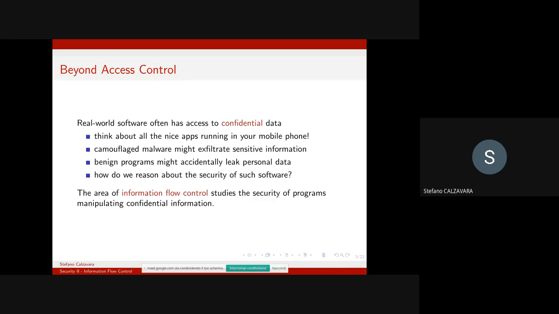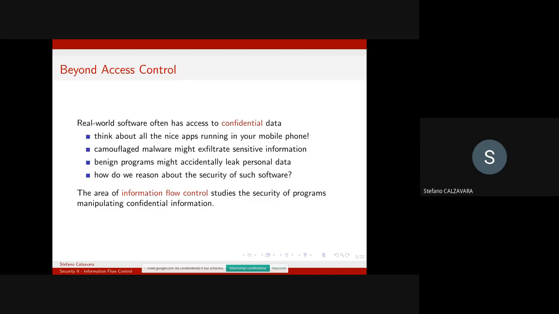On the other side of the spectrum, we might have programs which are benign, so they're developed by benign developers, but since they contain bugs, like basically any program, they can leak personal data. So in general, we want to have a way to reason about the security of software which operates over confidential data as part of its intended functionality. And this is the area which is studied by information flow control.